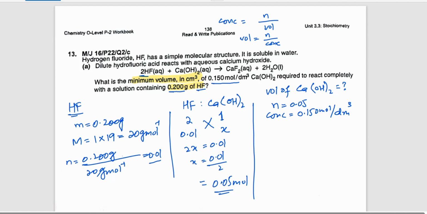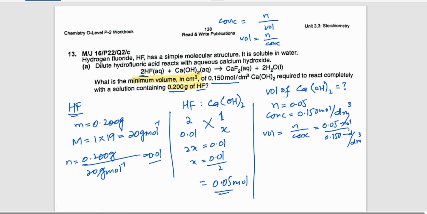Okay, same we'll do here. Volume is equal to number of moles divided by concentration. So the number of moles is 0.005 divided by the concentration, 0.150 mole per dm³.